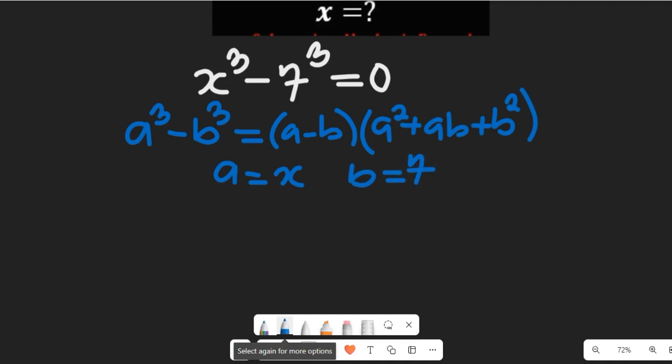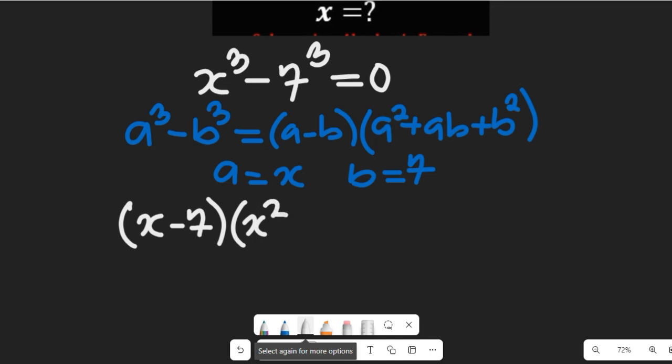Now, if we insert that into the algebraic formula, we're going to have x minus 7, multiplied by x squared plus 7x, because x times 7 is 7x, plus 7 squared, and all this will be equal to 0.